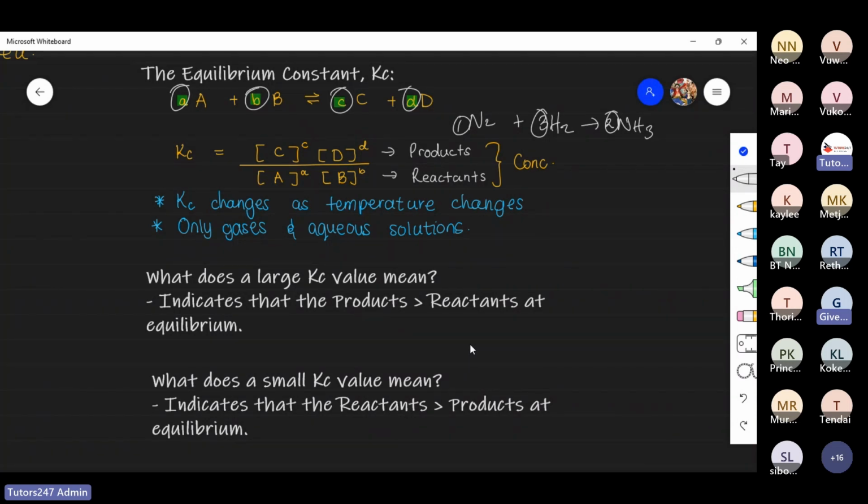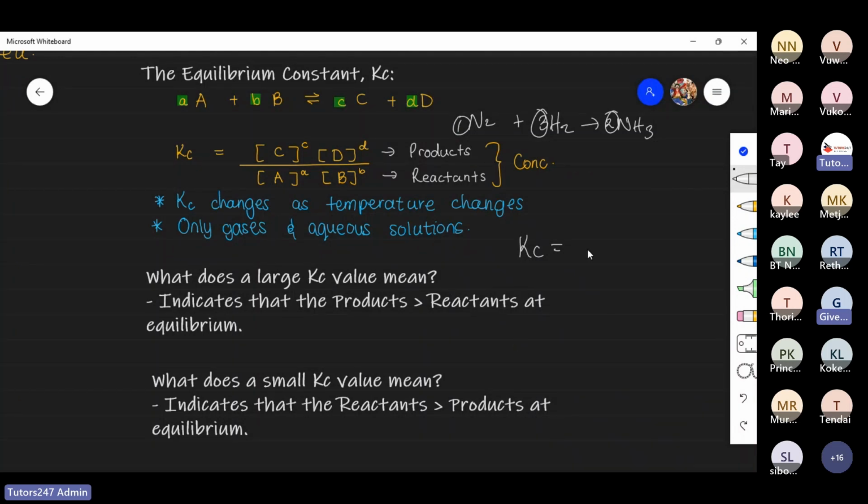And that number in front of your element becomes the exponent when you substitute it into your Kc equation. So if we were calculating Kc of this reaction of ammonia, Kc equals our product. Remember, it's always product on top, reactant at the bottom.